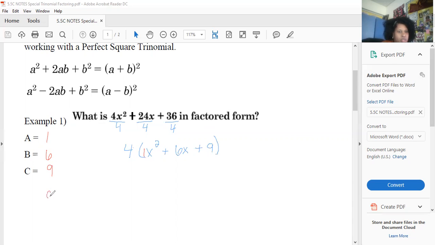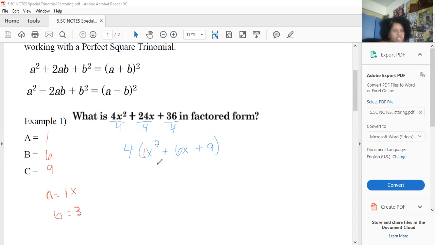So A and B are going to be the square roots of your terms. The square root of 1x squared is going to be 1x, and the square root of 9 is going to be 3. Okay.